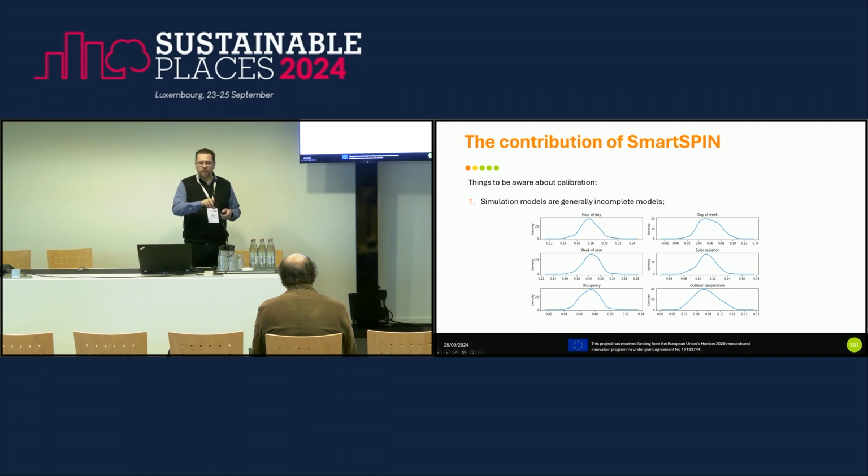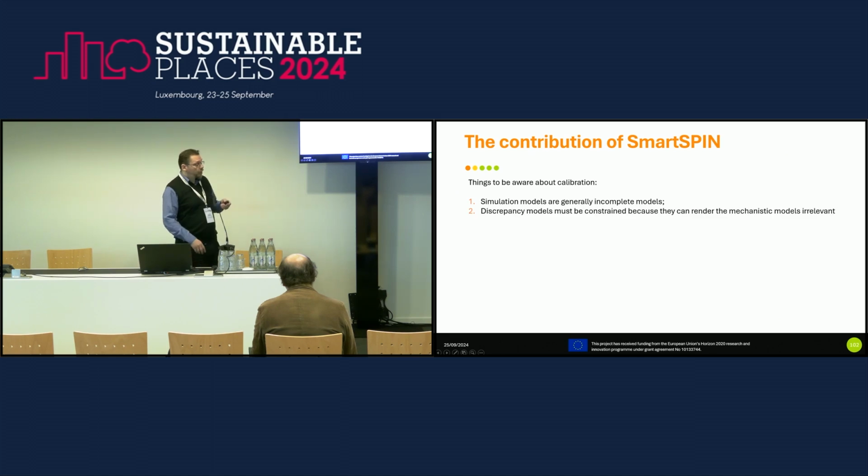Would you trust the parameter values of the others? Probably not. So you need to add something else. You need to add a discrepancy model that you train together, you do the calibration and the training of another model. The other model is meant to explain what your simulation model cannot. So that at the end you have something whose parameters you can trust.